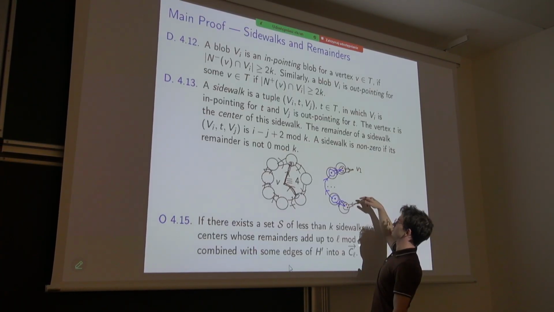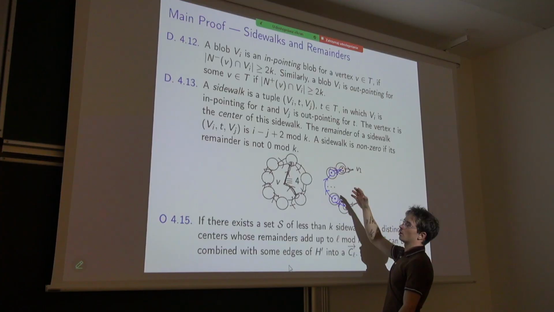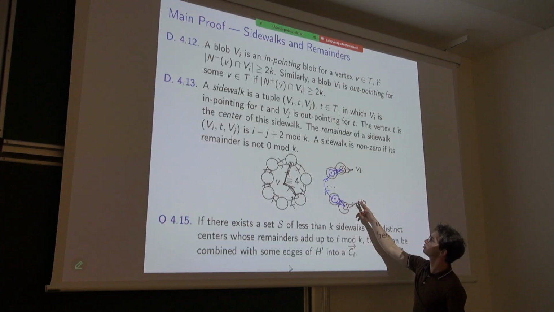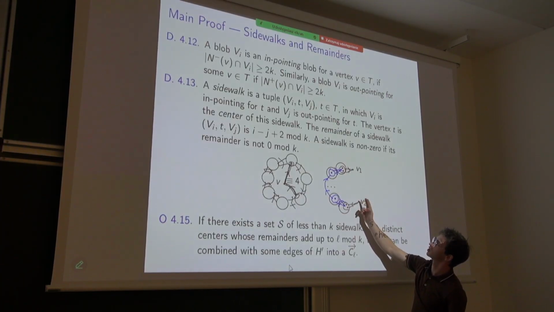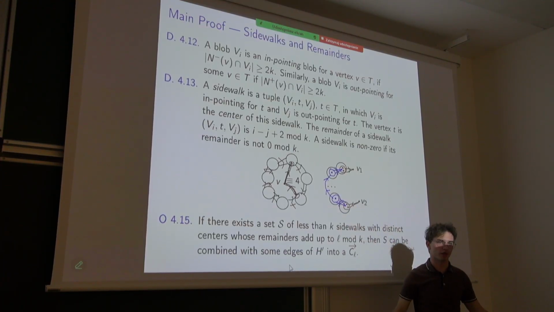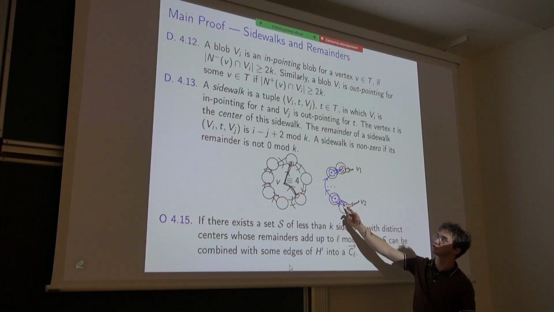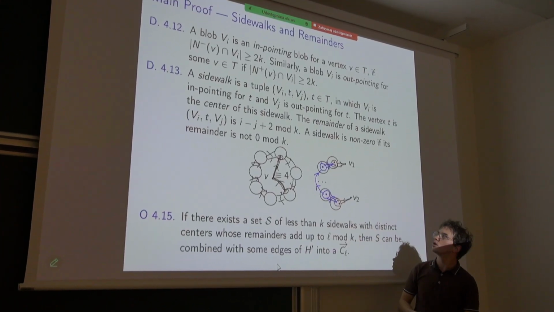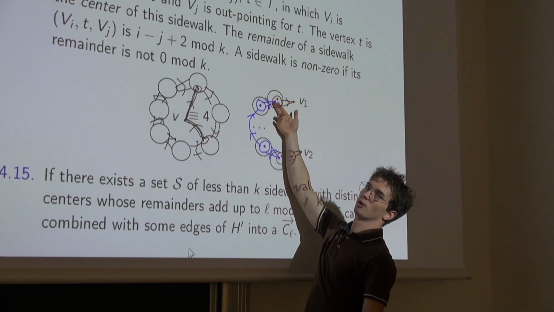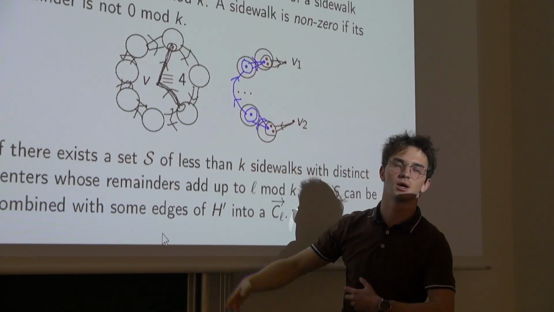The framework is pretty simple. Say we want to combine a sidewalk with center V2 from V2 to V1, and we have some edges and vertices already used in the graph. We know that there is a large enough number of edges going from V2 to the blob, greater or equal to K. And we know that every outdegree is larger than half. We know also that there is a large number of vertices going from the blob to V1, and that the indegree of every vertex, by the stability lemma, is large.